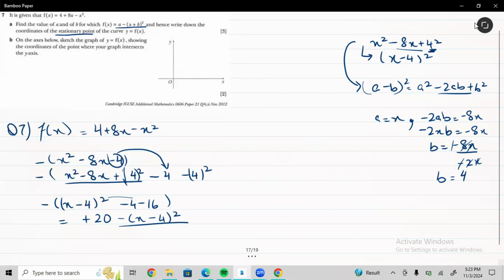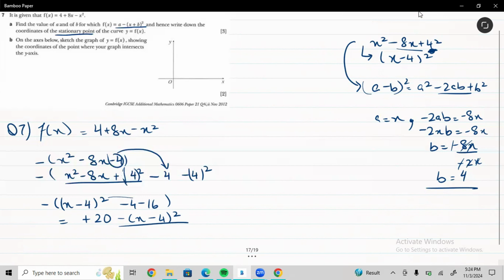This has been confirmed by the fact that we have 4 squared in the end. We took negative 8 divided by 2 and then added the answer as a square. When we find this b out, it is a confirmation that this 4 squared is correct. That's basically what the 4 squared allows us to do, and that's why we added it.